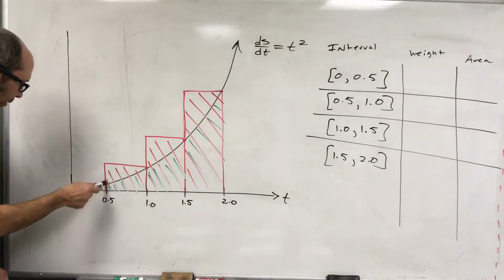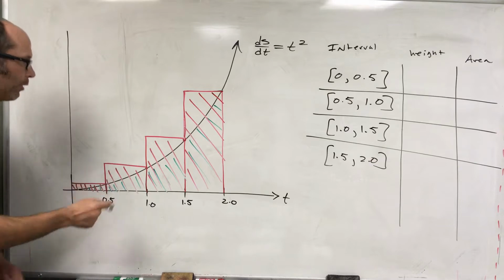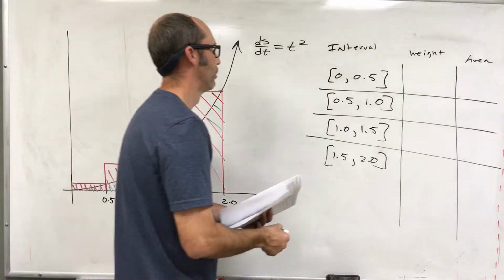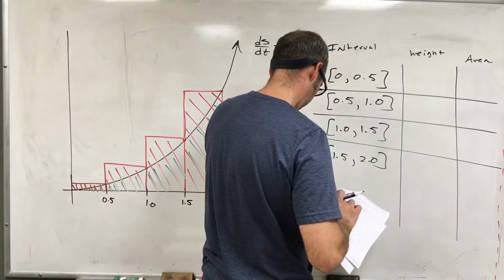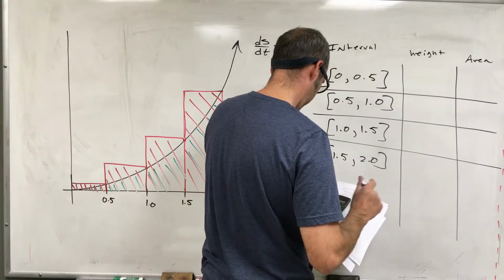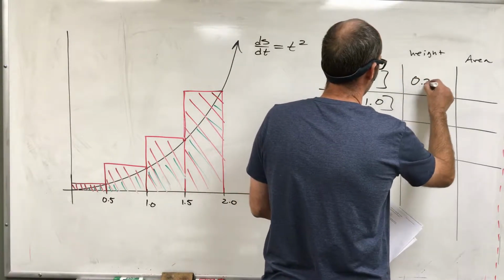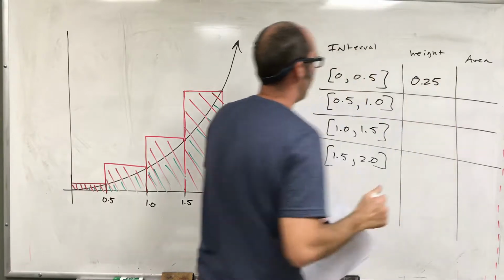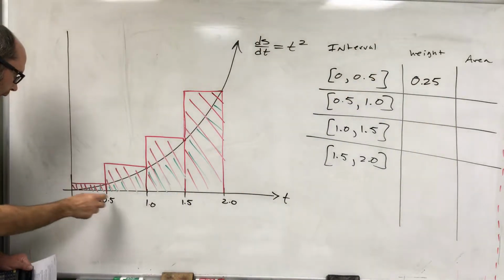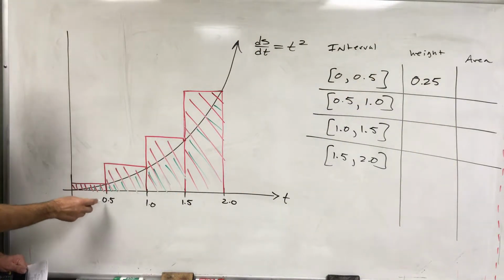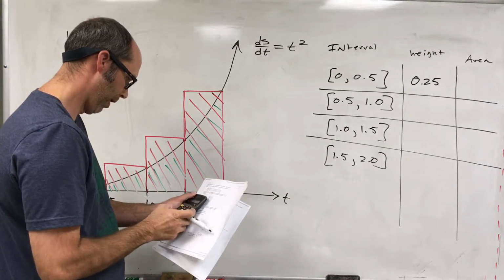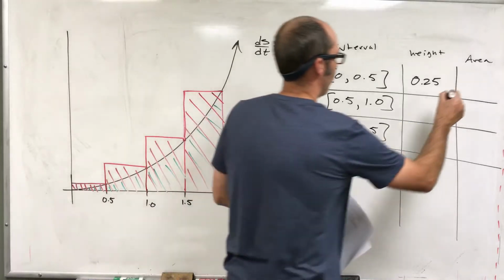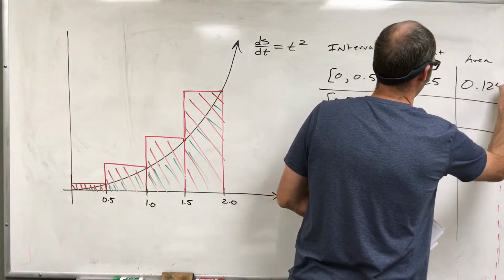The height of this rectangle is 0.5 squared. And the area there is 0.5 squared times 0.5, so times 0.5, which is 0.125.